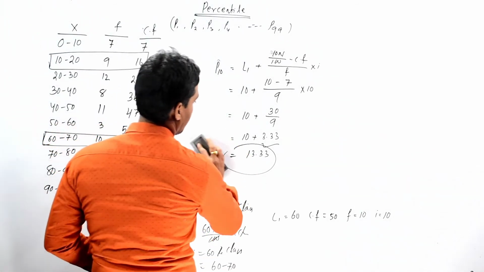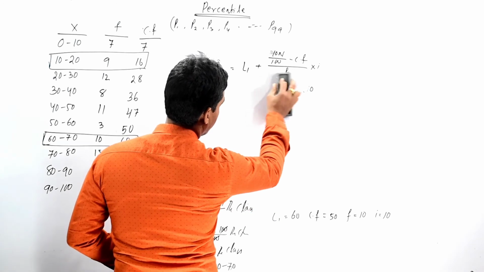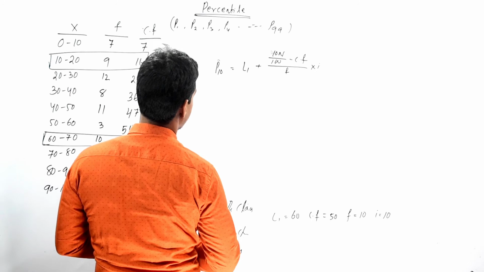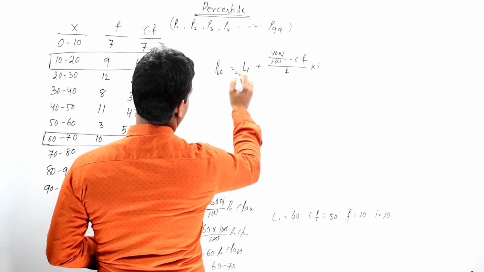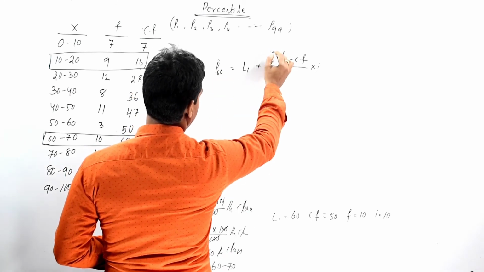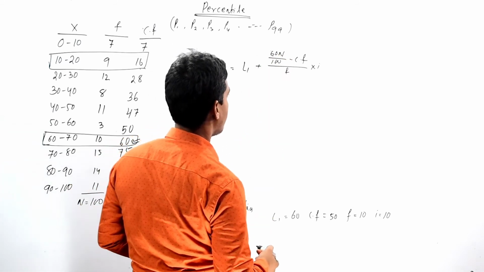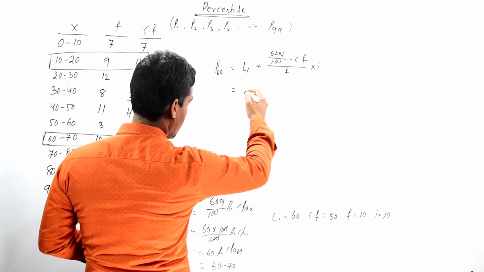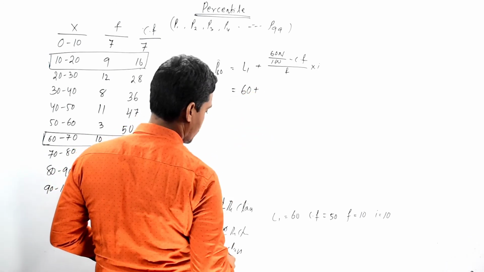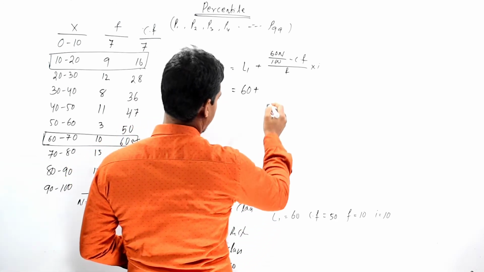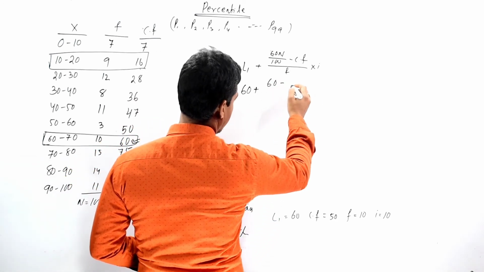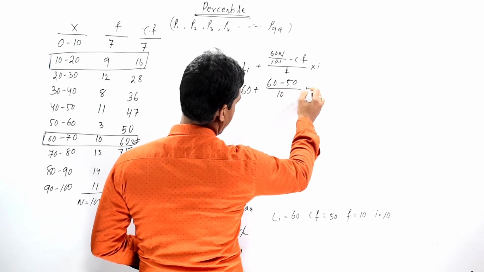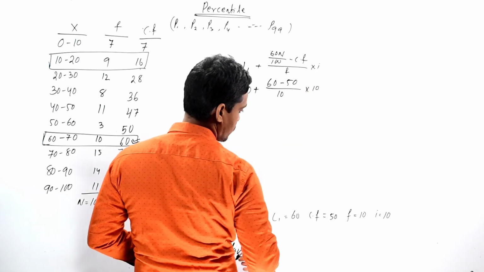Now we can find P60 by applying the rule: L1 plus 60n by 100 minus CF, divided by F into I. Putting the values, 60 plus 60n by 100, that is 60, minus CF, that is 50, divided by F, 10, into I, that is also 10.